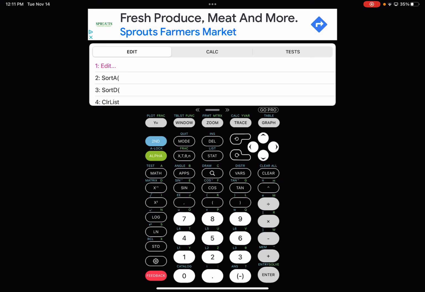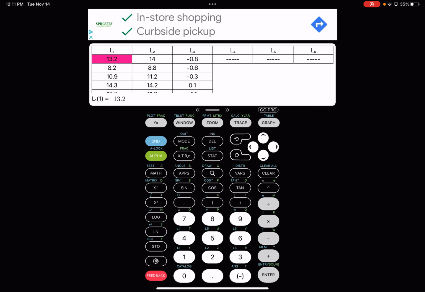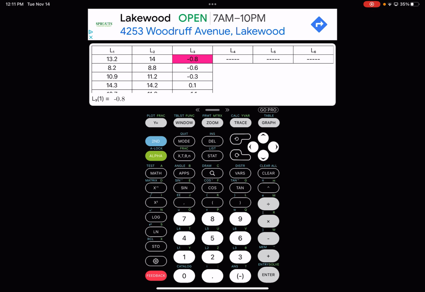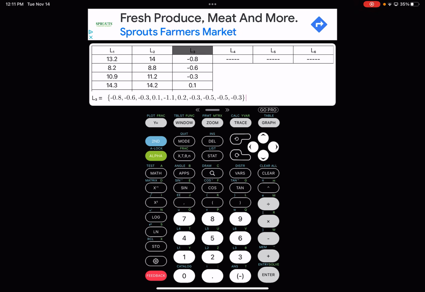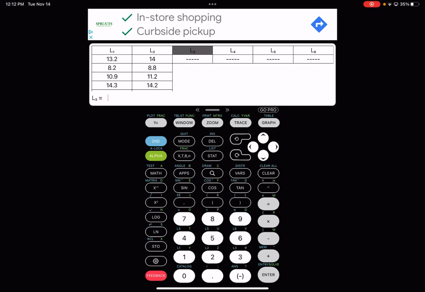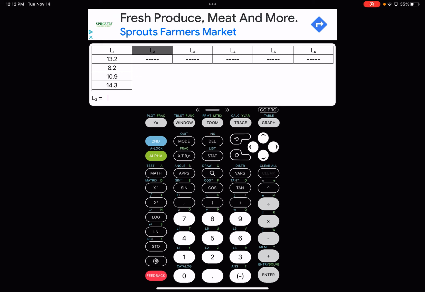So you do stat, edit, clear out any old lists you may have there. It's not letting me clear it. This app doesn't work very well sometimes. I think I froze it. Come on. There we go. Okay.